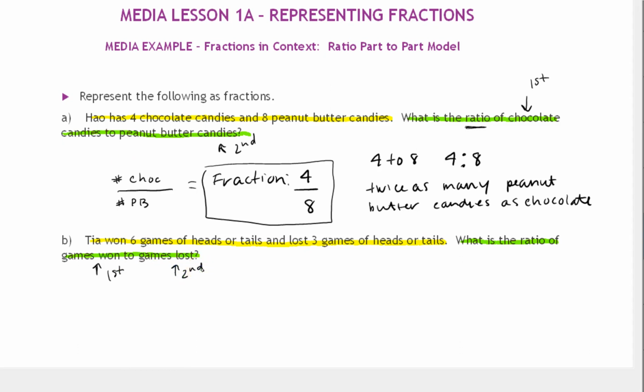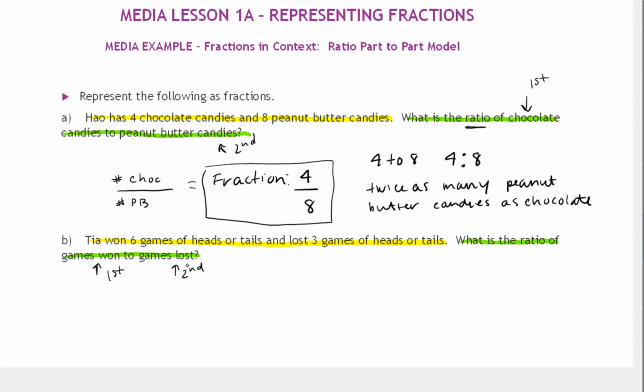Okay. So just as a comparison, when we had a part to whole model, it might say, what is the fraction of total games that she won? Then we want to look at the games she won to the total number of games. Here we're comparing the games she won to the games she lost.